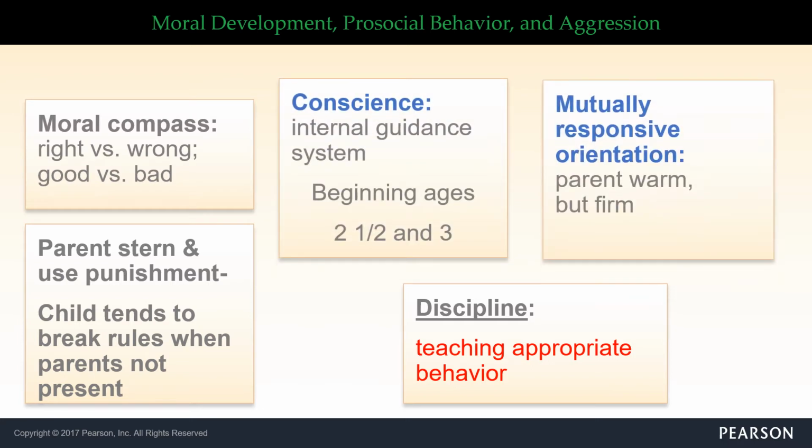And so then, as adults, we have to keep in mind that moral compass and helping children make decisions that are right versus wrong, or good versus bad. And as they're developing that moral compass, they're also developing a conscience, which is, of course, our internal guidance system. And that begins to form at 2.5 and 3.